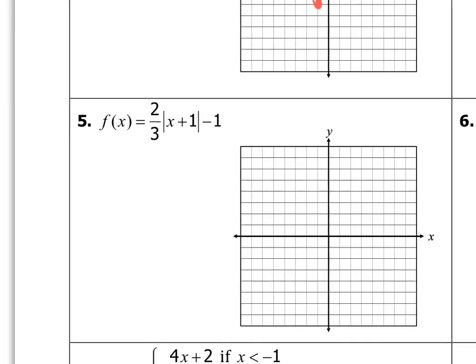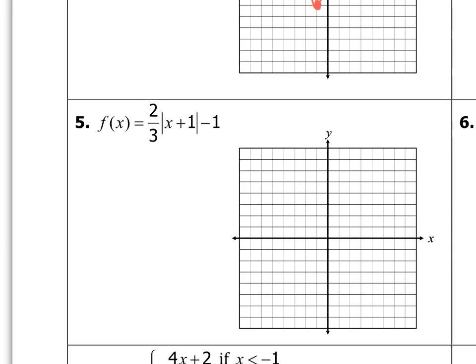Number 5. Okay, number 5, we have a vertex at -1, comma -1. So it's going to go like that, right in there. Now on this one, we have our first fraction in there. But if we treat it just like a linear equation, then it's a lot like counting those slopes. So it's up 2 over 3, and then up 2 over 3.